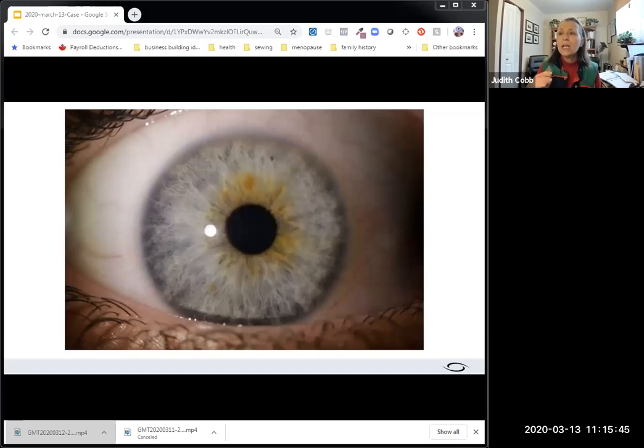So again, the side lighting makes all the wrinkles, or we call them contraction furrows, show up. When we see someone who's got this many pieces of contraction furrow in her eye, and she had them in her left eye as well, we know that she lives in her sympathetic nervous system, that she's always at the edge waiting for the next crisis to happen.